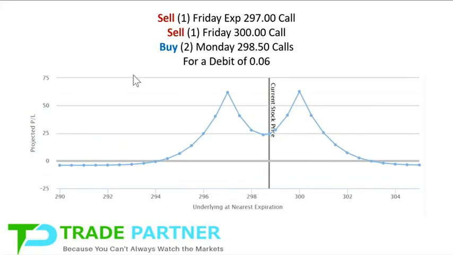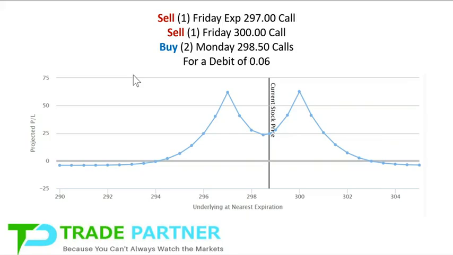Okay, I started with this, and when I realized that the option prices were so close, or specifically that the PPD for the short term was significantly greater than the PPD for the longer term, the maximum risk on a single spread of this, exactly what you see here, selling one 297 call, selling one 300 call, and then buying two 298.50 calls, a butterfly, for a debit of 6.